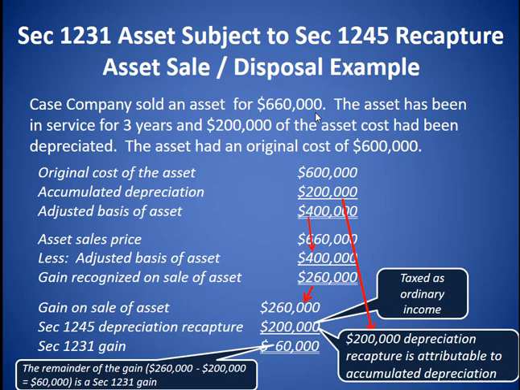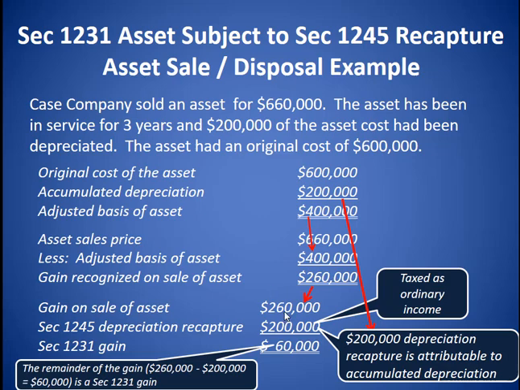The adjusted basis of our asset is $400,000 because we already claimed $200,000 of depreciation. The sales price of $660,000 minus the adjusted basis of $400,000 means the gain we recognize on the sale is $260,000.